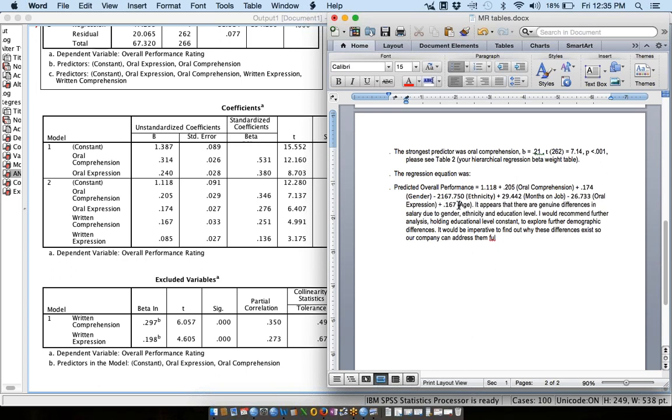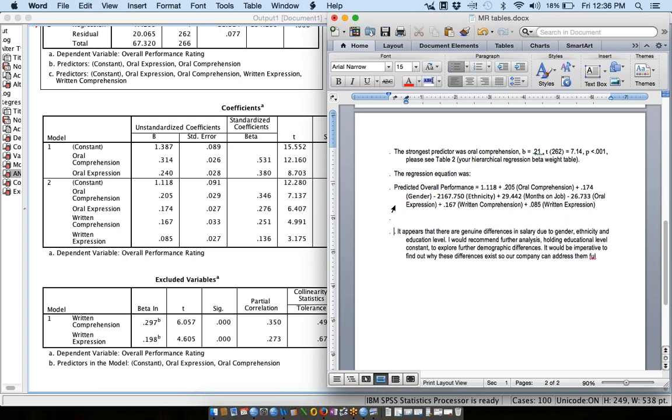Plus 0.167, and this variable is Written Comprehension, plus 0.085 Written Expression. Okay, so that is your equation.